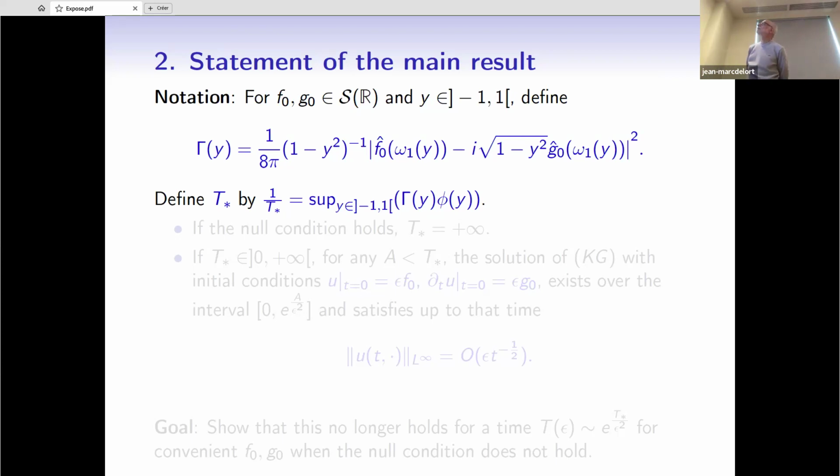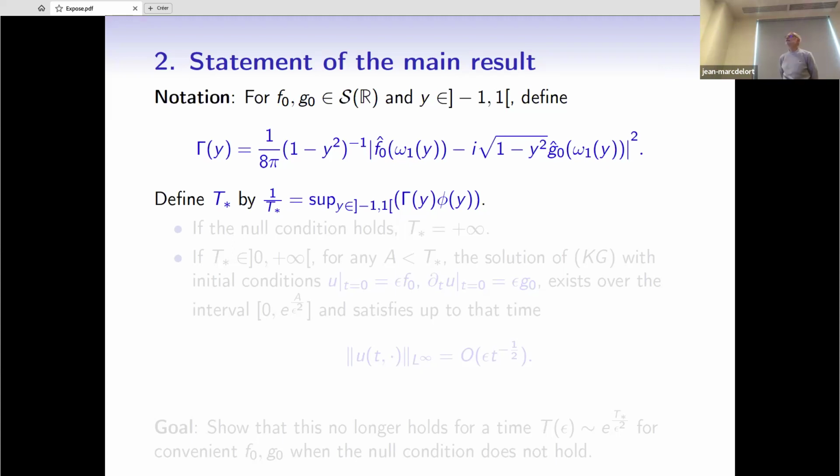And now, from these functions, let me define a new function of y, capital gamma. It's not necessary to remember the explicit expression which is written on the screen. Let us just say that this function gamma of y is defined in terms of the initial data, f0, g0, through their Fourier transforms computed at the point omega 1 of y that I had defined earlier.